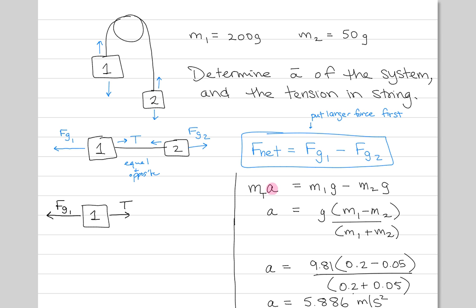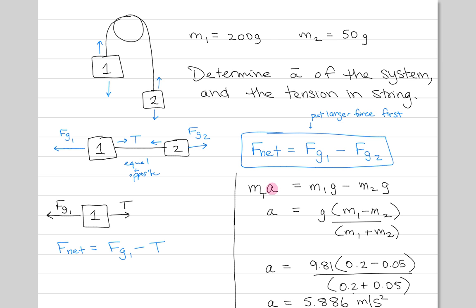So we need to do a net force equation for this free body diagram. Just like this net force equation went with this free body diagram, we have to come up with another one. So what's the net force on this body? Fg1 minus T. Good.